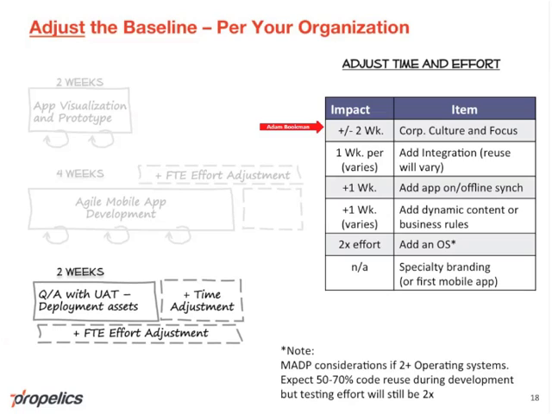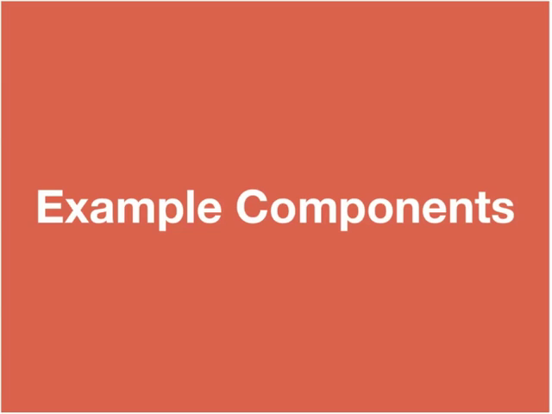Again, if there are specific timelines and requirements before we roll out to production, we would also have to follow the stage gates and corporate policies for that. So these are most of the factors that would go into adjusting the timeline.